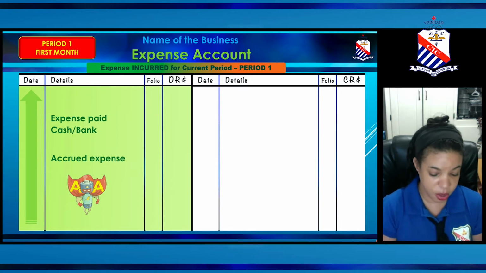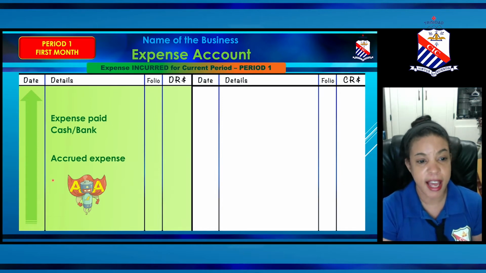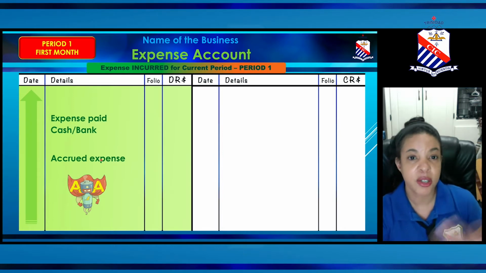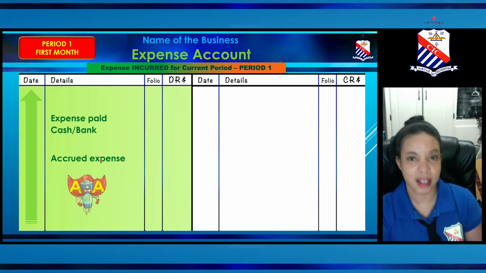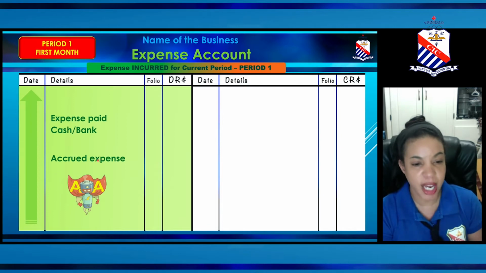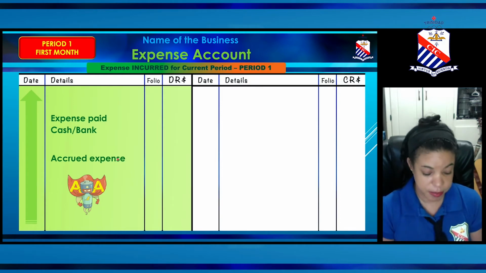So you're seeing here, this is your expense paid, that is on the debit side, and any accruals, AA, you add it. So how do you add it? You put it on the same side, which is the debit side. When you add something, you are increasing. So that is why we have been adding the accruals, because it belongs to that period and therefore has to be added to the expense paid during that period.